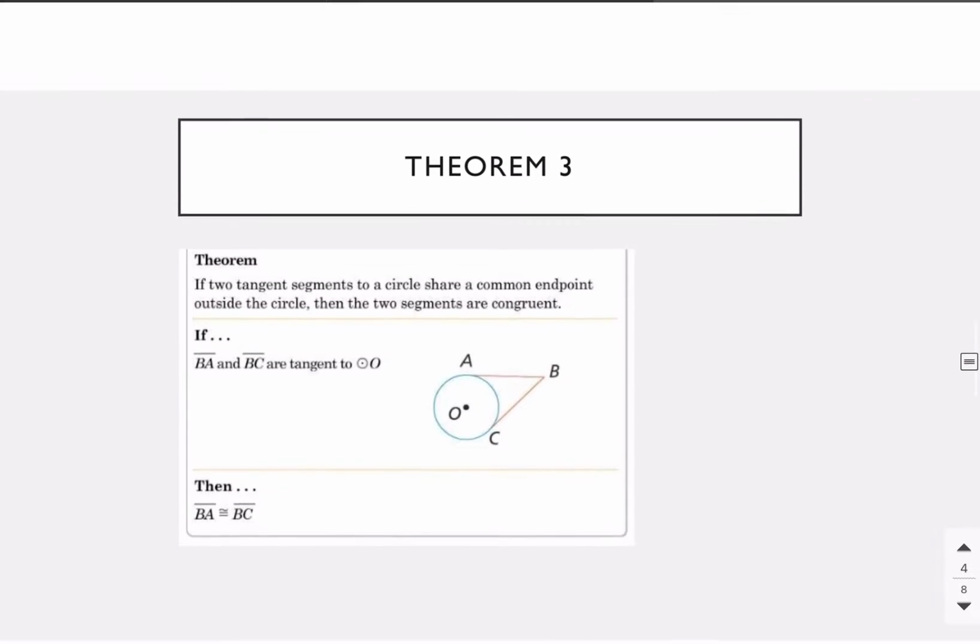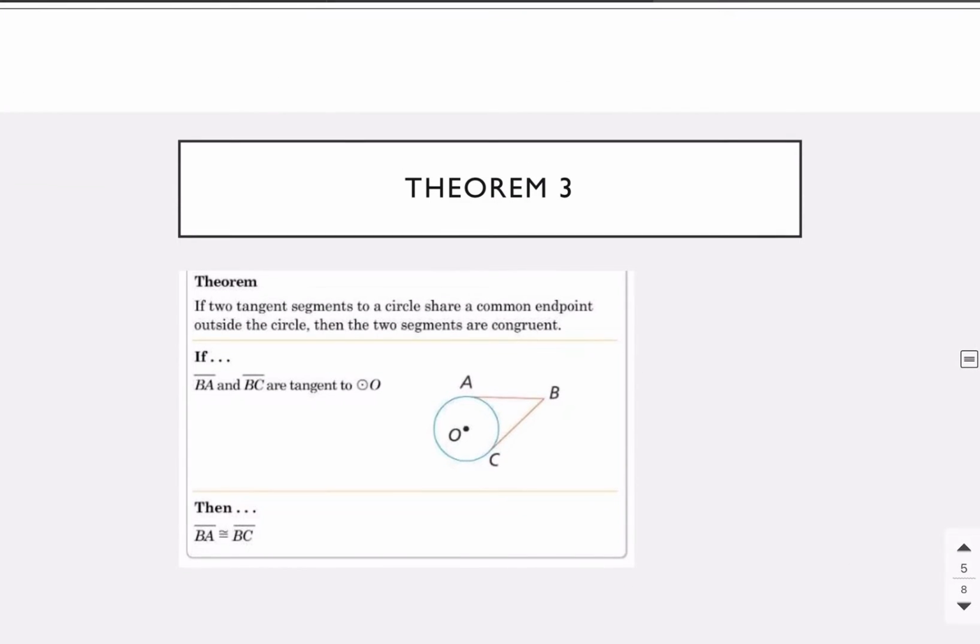The last one is: if two tangent segments to a circle share a common endpoint outside the circle, then the two segments are congruent. We have BA and BC tangent to circle O. If they meet at B, it lets me know that BA is equal to BC.